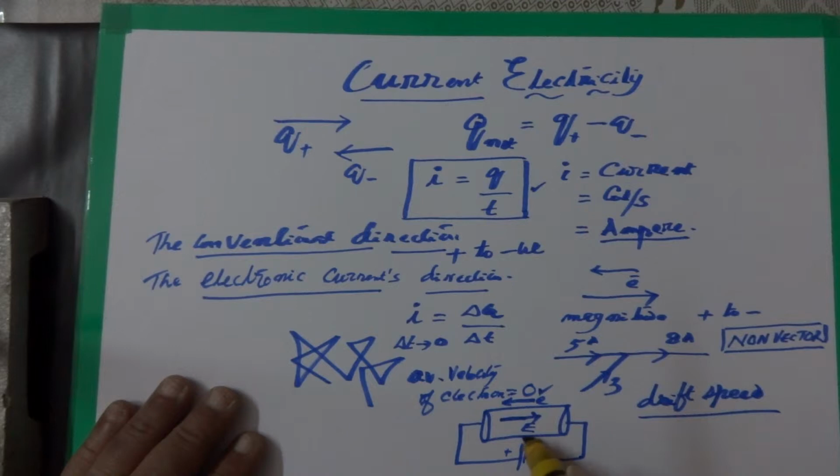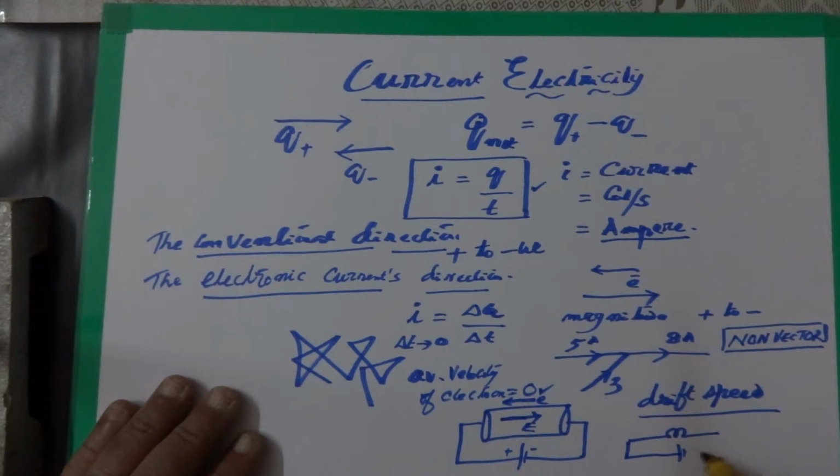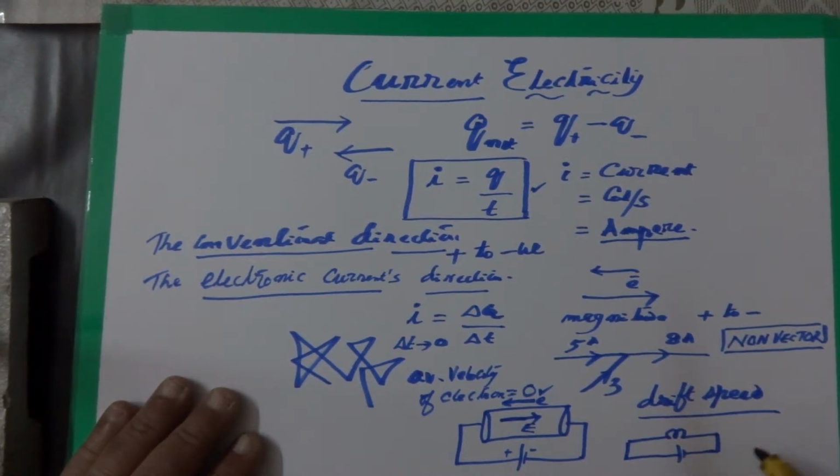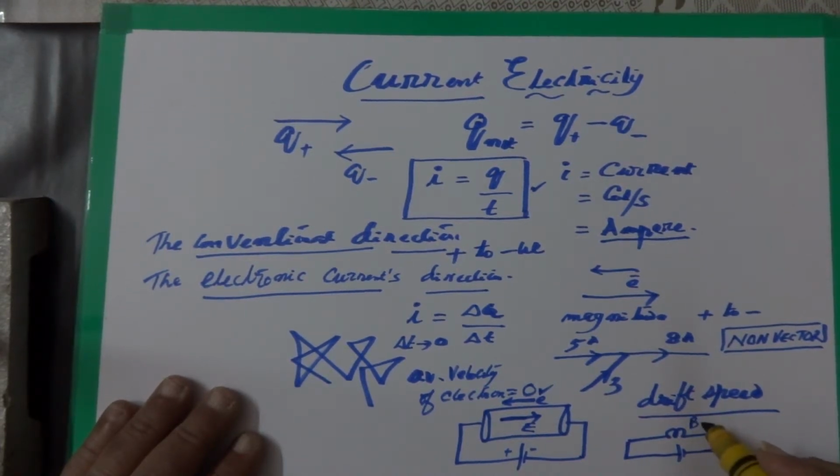Therefore, if more potential difference is applied, the current is increased. If a lesser potential source is applied, the current is reduced. You can simply verify this by connecting a bulb with a single battery and observing the brightness of the bulb.